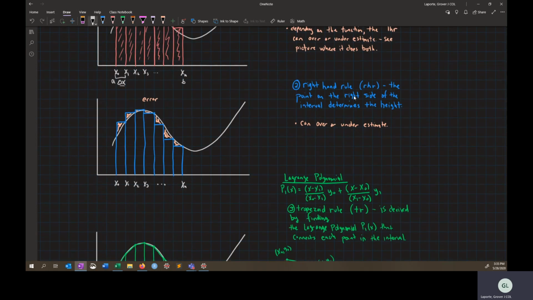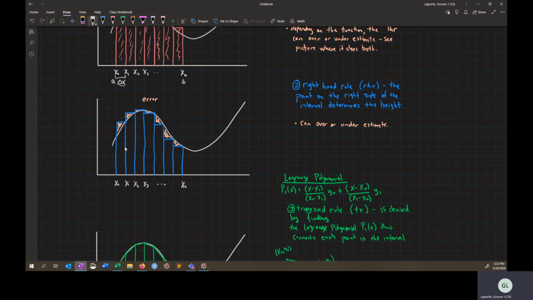So let's go to the right-hand rule. If you pull up the right-hand rule, it's the same idea, except this time in this interval I'm just using the right-hand number, in other words the bigger number of the 2, and that becomes my height. And you can see the error now is above the line. On this side, while the function's coming down, the error becomes underneath the curve.